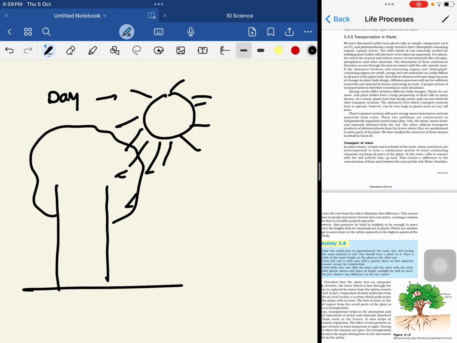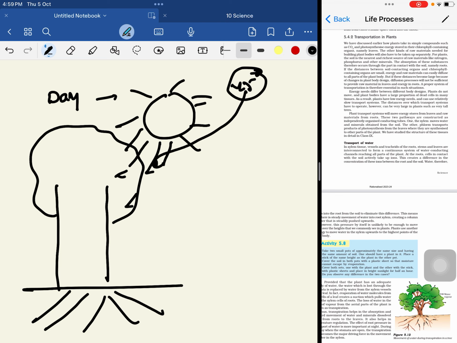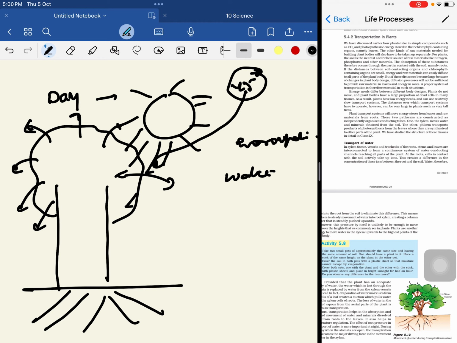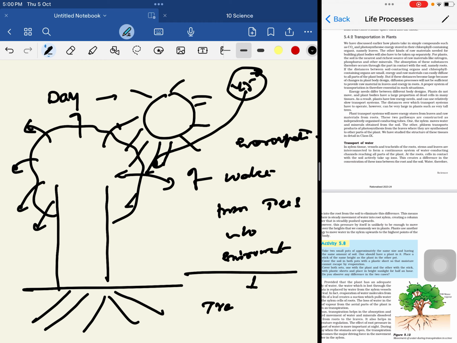It is because the sun's very high temperature causes water to evaporate from the leaves. Because of the high temperatures from the sun, there is evaporation of water from the trees into the environment.